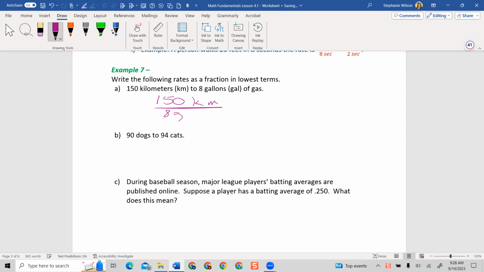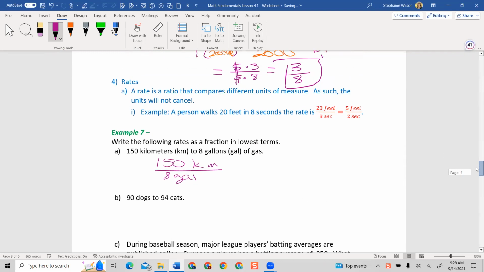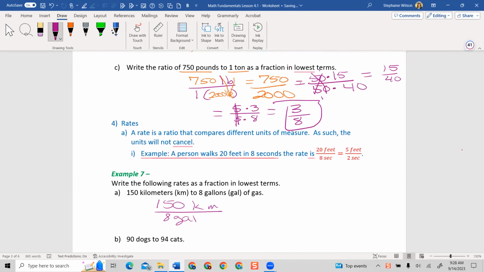Over 8 gallons. All right, let's talk about this one again. So we're doing rates now. And look, when we did the rates, we didn't put anything in the place of seconds or feet. You notice above here, we were doing the ratios and putting them in fraction form, so we put in the place of the word ton, 2,000 pounds.